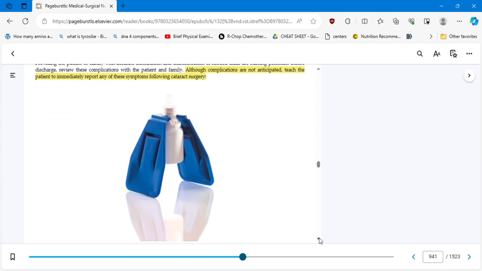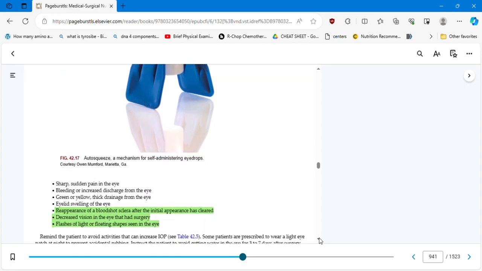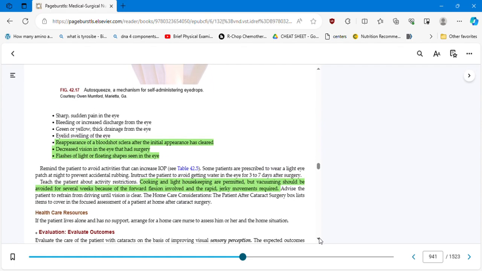Self-management education, although complications are not anticipated, teach the patient to immediately report any of the symptoms following cataract surgery. So reappearance of a bloodshot sclera after the initial appearance has cleared, decreased vision, flashes of light or floating shapes in the eye.